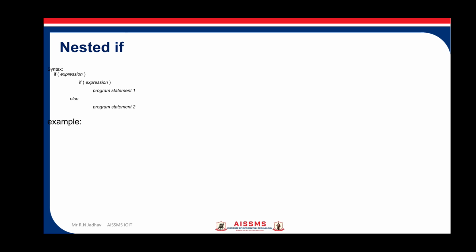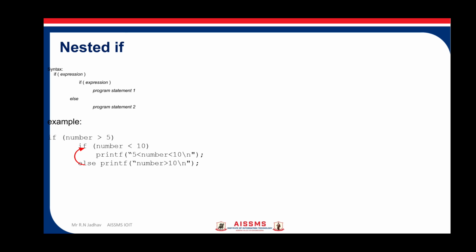So what is the example of nested if? If number is greater than 5, again we are checking if number is less than 10, then we are printing number is greater than 5 and less than 10, else number is greater than 10.